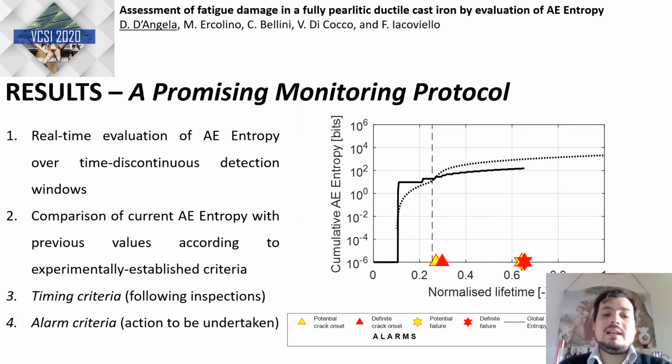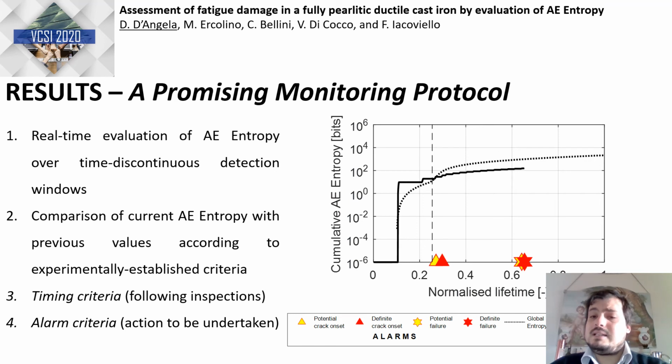The alarm criteria may tell us the health state of the structure, and can be associated with actions to be undertaken. For example, a threshold value of acoustic emission entropy could be considered as identifying the incipient failure conditions.